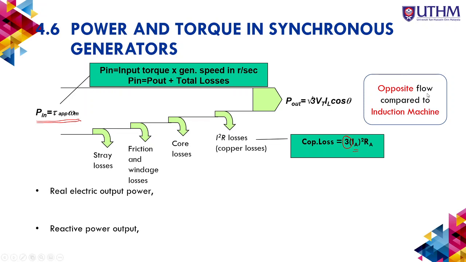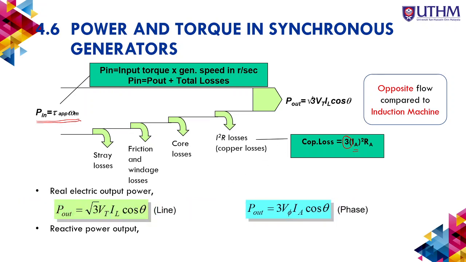So this is the opposite flow compared to the induction motor, because that is a motor and this is a generator, so of course it will be reversed. Okay, so this is the output. We have seen it earlier here: the real electric output power, and this is in line, and this is the equation for the phase.